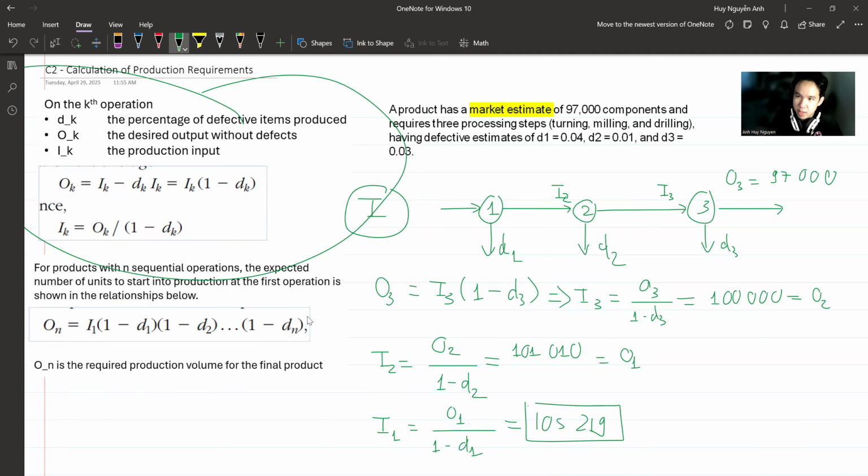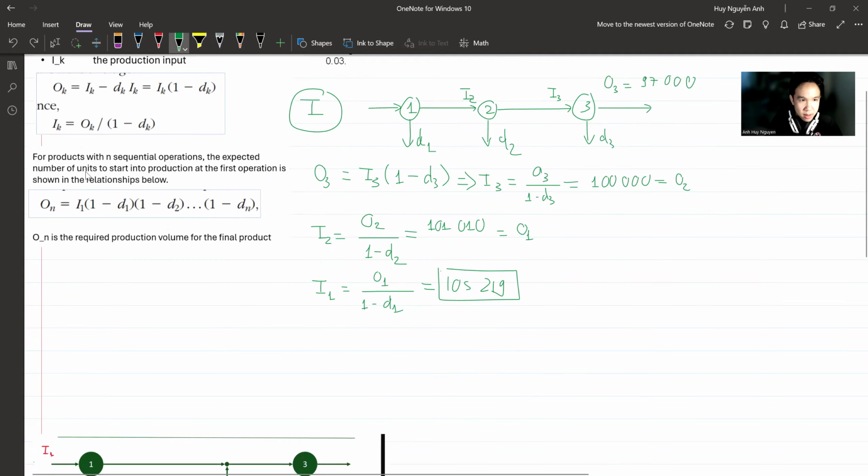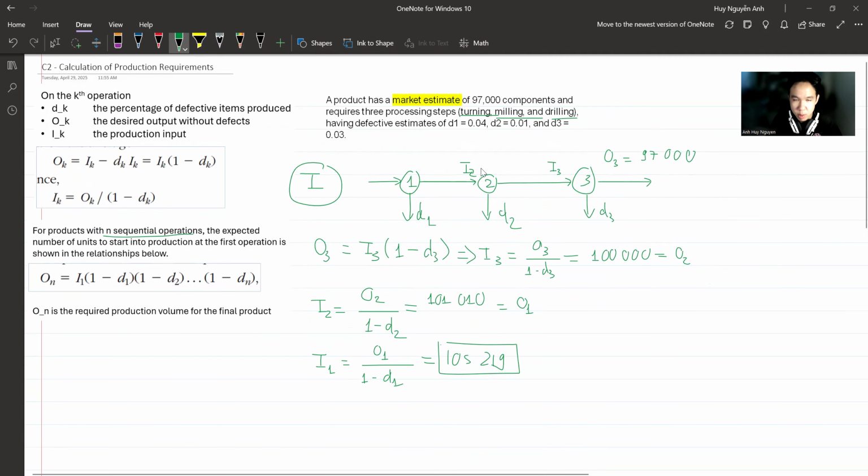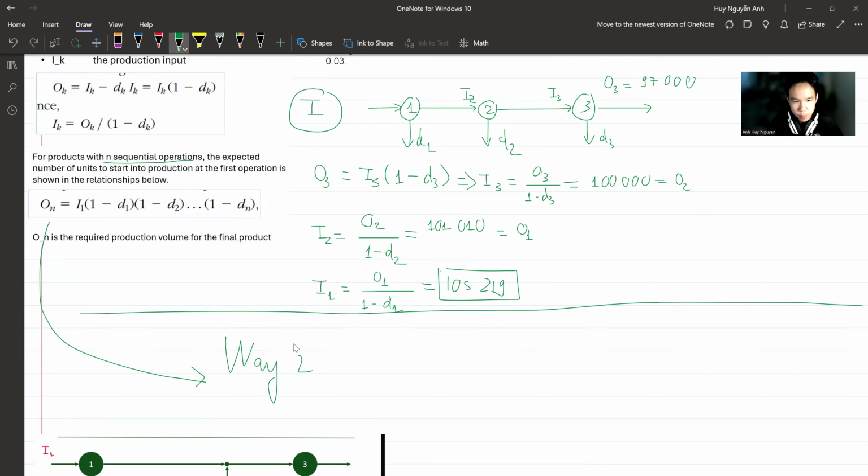Now I'll show you a quicker way to solve this problem. That's why we have this formula, right? Here, for the product with n sequential operations. In this example, we have three operations, right? Turning, milling, and drilling. So you can just apply this formula. This is way number two. In order to calculate I1, which is the input at the beginning, instead of going through steps like this, you can just calculate it using this formula with O3.